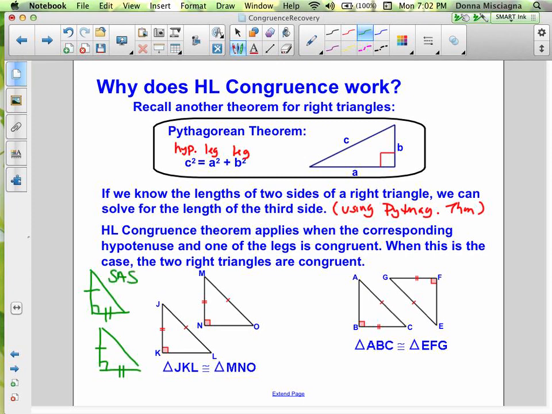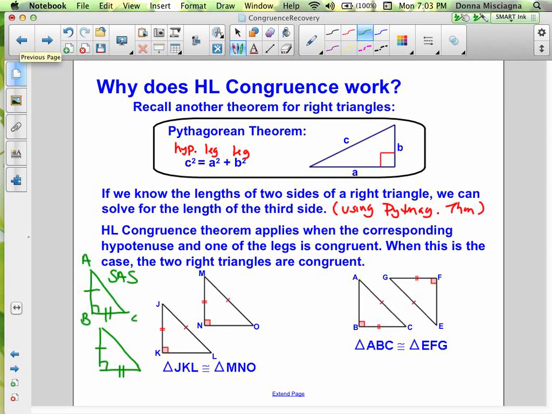With a right triangle, anytime you know two sides, you can find the third side. In fact, if two sides are congruent in a right triangle, the third side has to be congruent as well. If it's two legs in a right triangle, it's side angle side. If it's a leg and a hypotenuse, it's hypotenuse leg. So no matter what, if you know two sides on a right triangle are congruent to two sides on another right triangle, some theorem is going to apply.